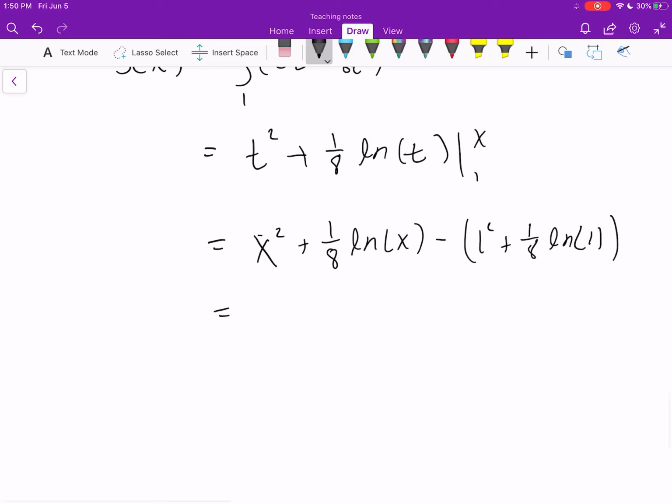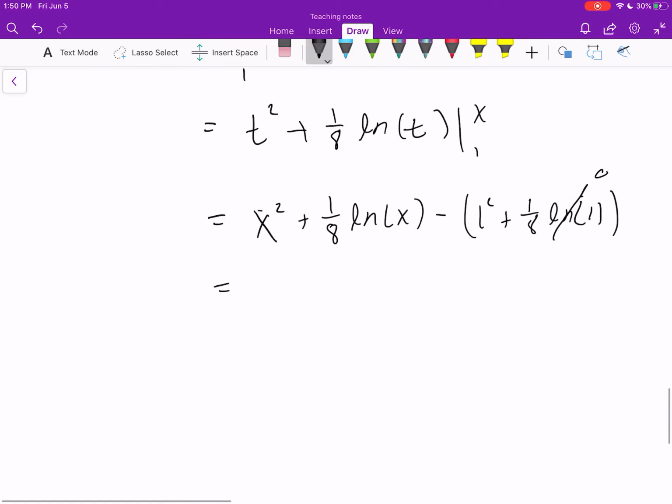And ln of 1 is 0. So this becomes x squared plus 1/8 ln of x minus 1. This is my arc length function. What this means is, if I want to find the arc length from the point 1 to any point I want, I can now just plug in a value of x and figure out what that number is. And that makes things a lot easier on me.